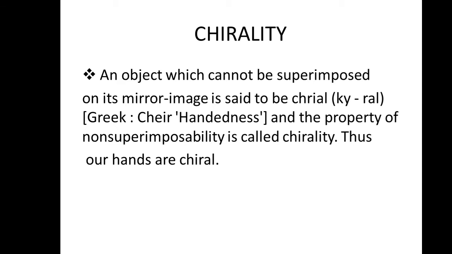An object which cannot be superimposed on its mirror image is said to be chiral. In Greek, chir means handedness, and the property of non-superimposability is called chirality. Thus our hands are chiral.